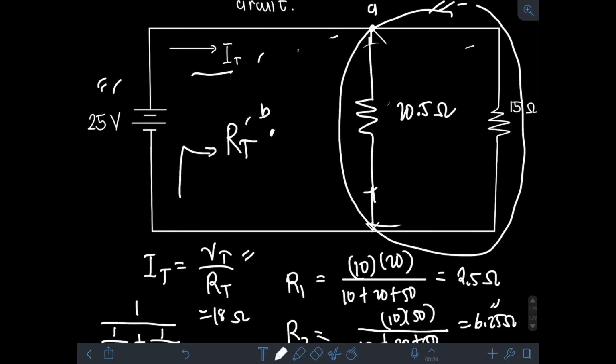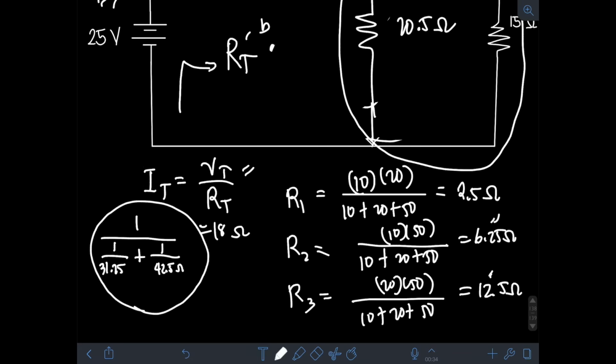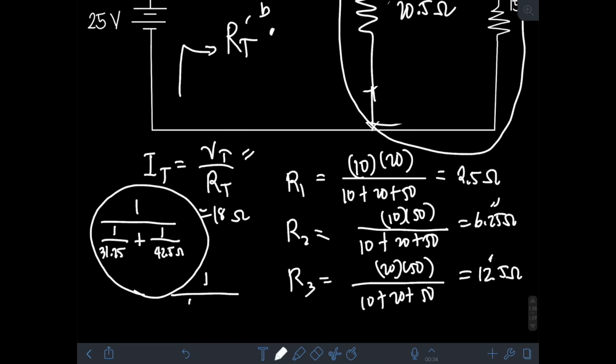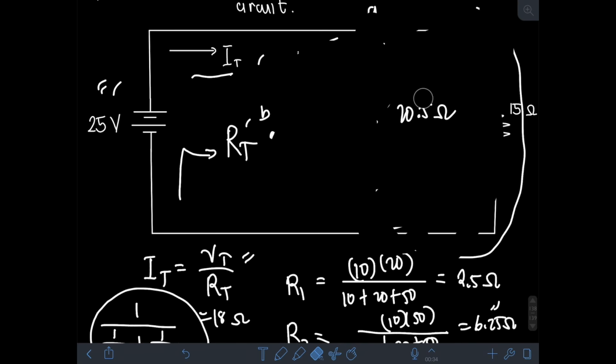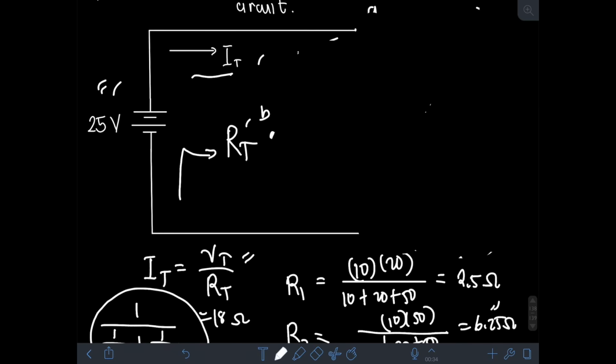So we can combine them using the same formula, 1 over 20.5 plus 1 over 15. That is approximately 8.66 ohms. So we replace the two parallel resistors with a single resistor equivalent to 8.66 ohms.